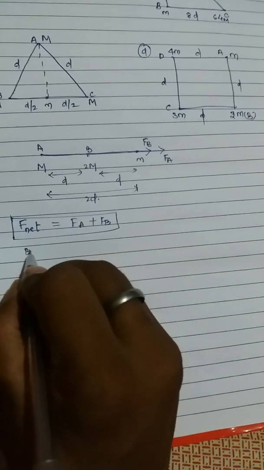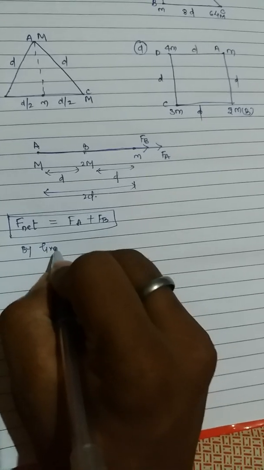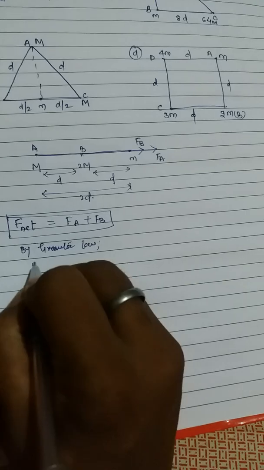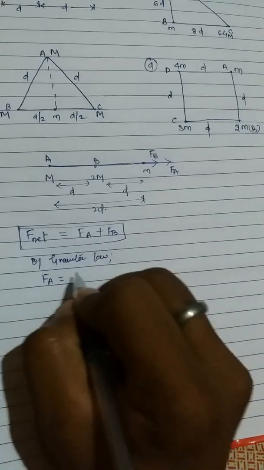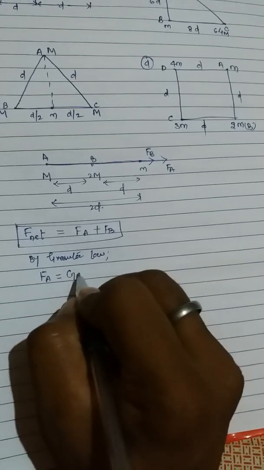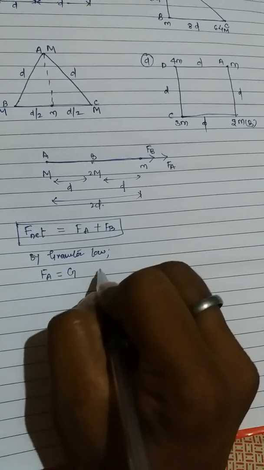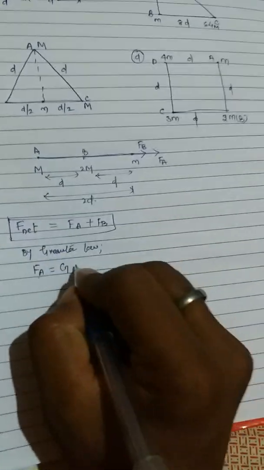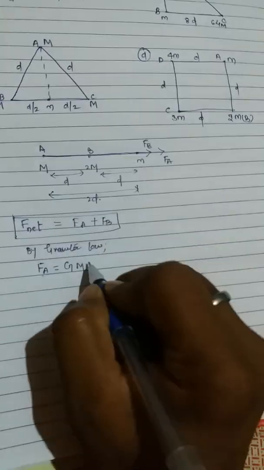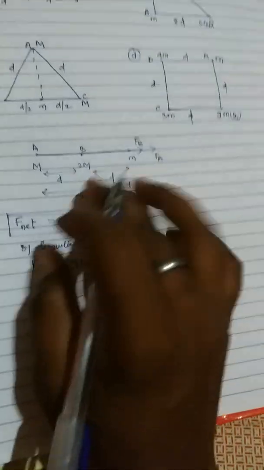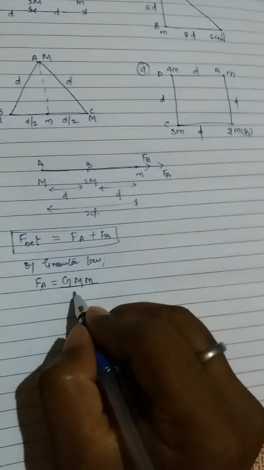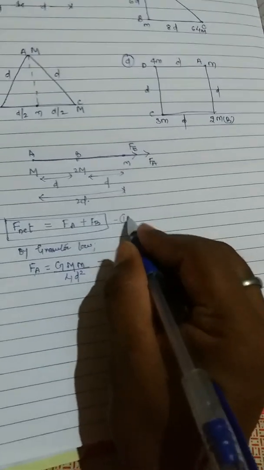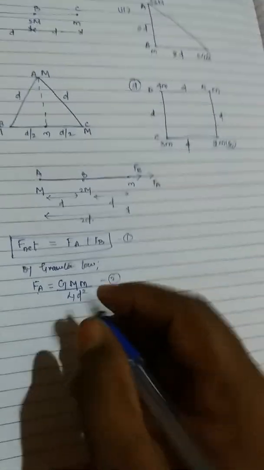By the gravitational law, we know that the force between any two mass bodies is given by G m1 m2 by r square. So here for Fa, m1 is capital M and m2 is small m, and the distance between these two is 2d, so the square will be 4d square. Let's say this is equation number 1, this is equation number 2.